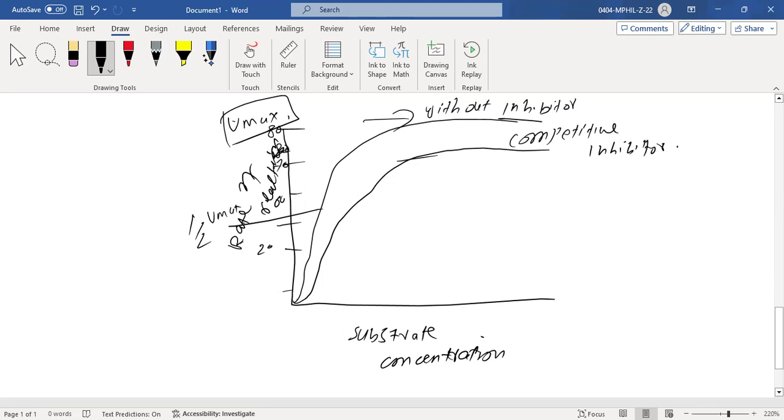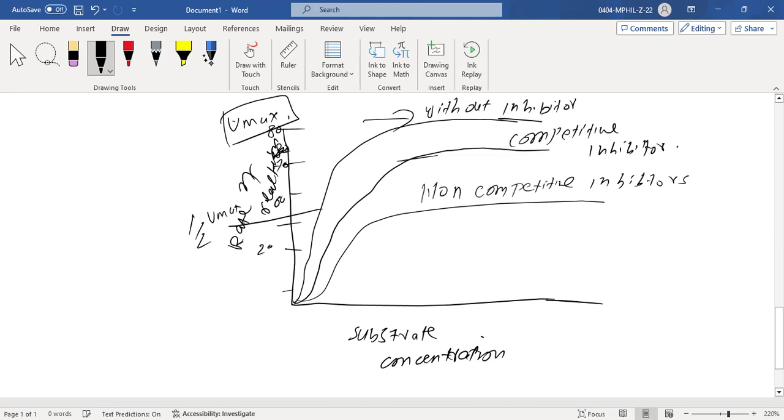So there is another condition. There you have inhibitors, but those inhibitors are non-competitive inhibitors. What does it mean?